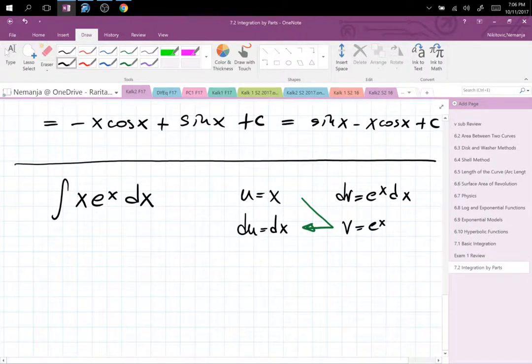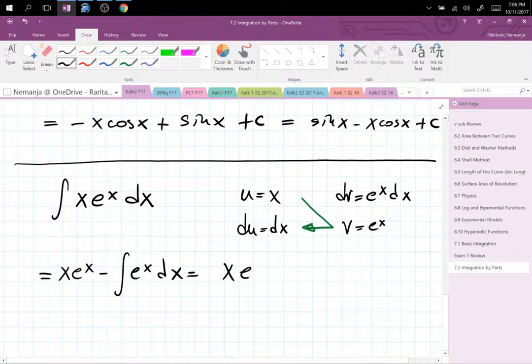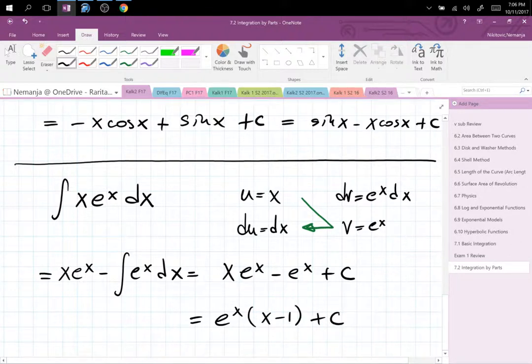Which is now x e to the x minus the integral of e to the x dx, which we can integrate. And if you want to be fancy, you can factor.